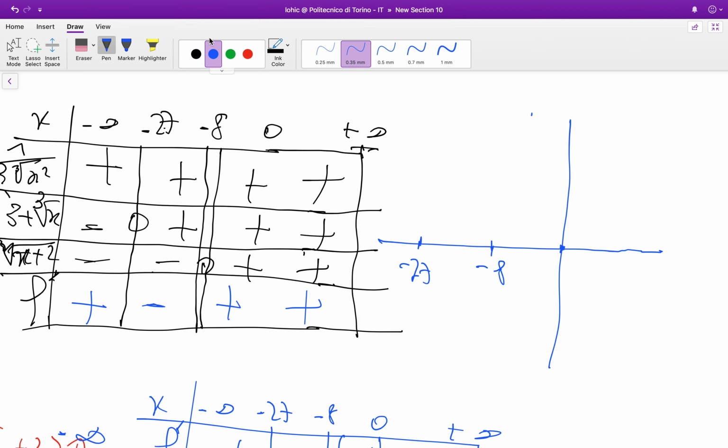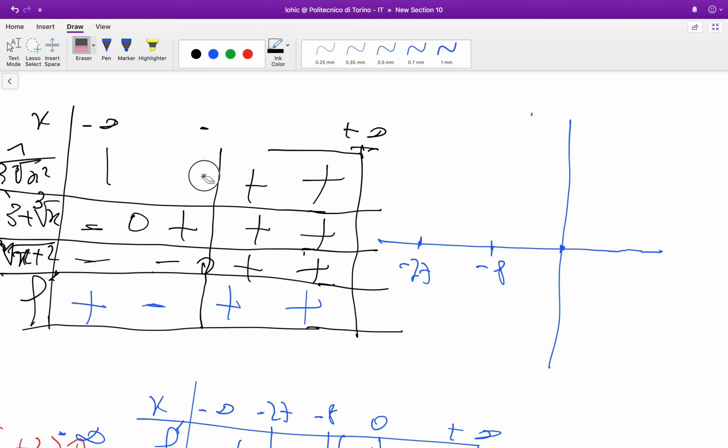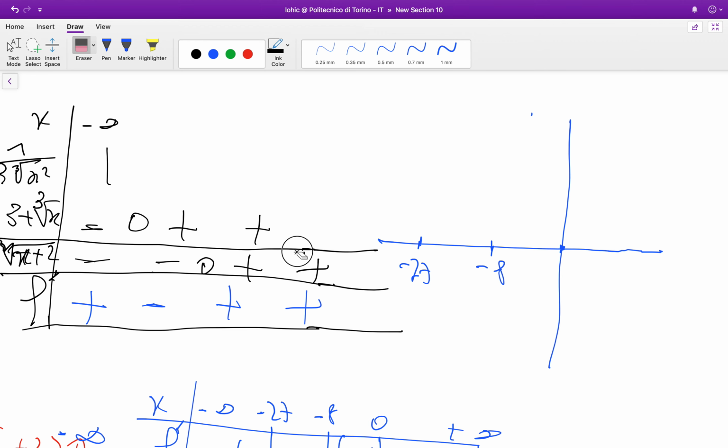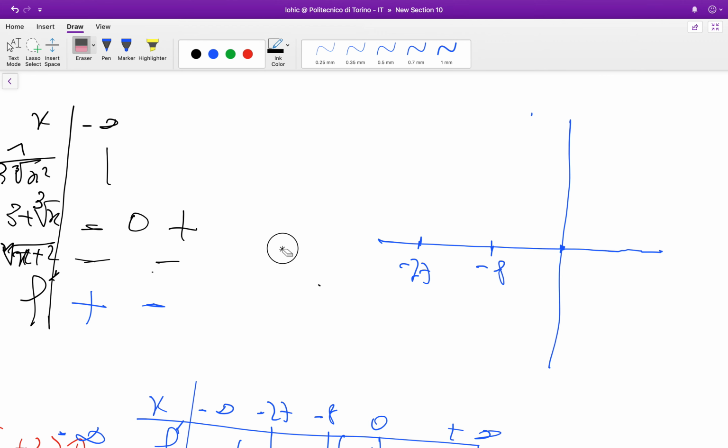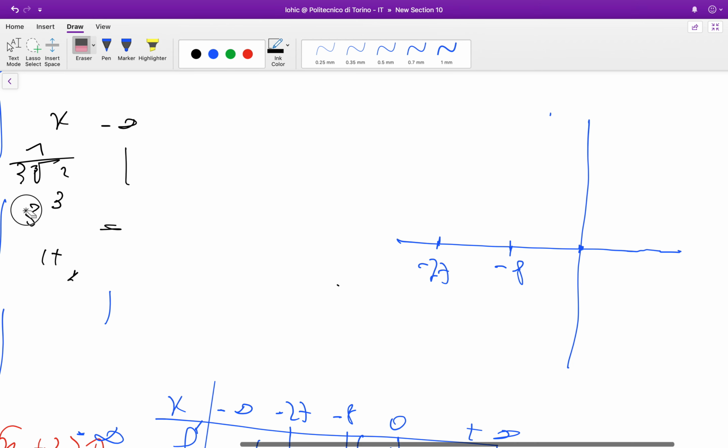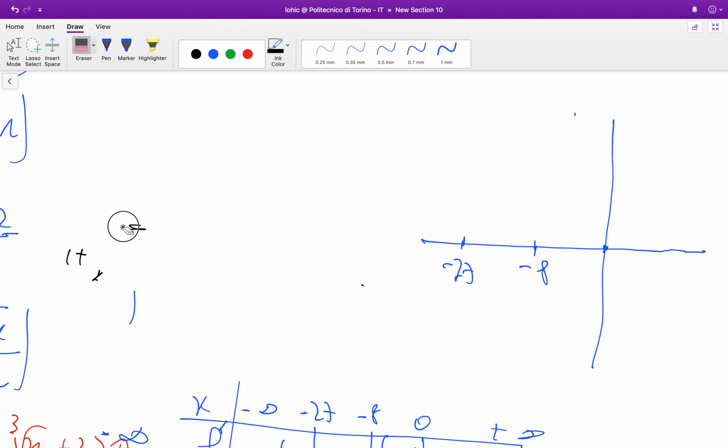I think I can cancel this table, by the way. It's no more useful. It helped us a lot, but now, thanks. Okay, nice.